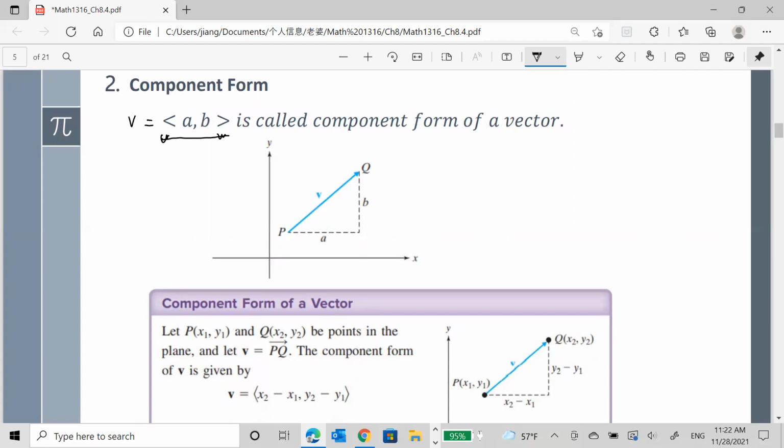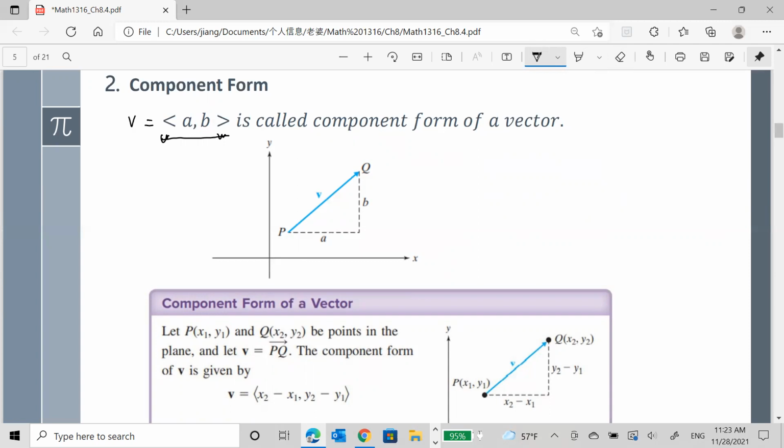If I have a vector V, A is the projection of V on the x-axis, and B is the projection of V on the y-axis. So why can I use AB to represent the vector V?